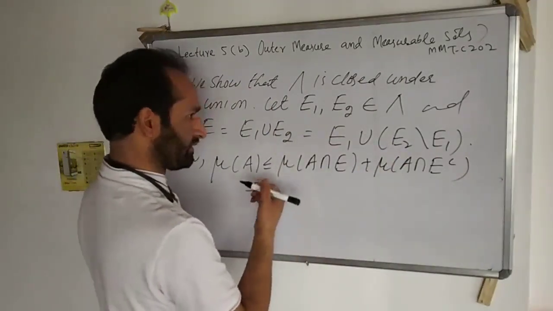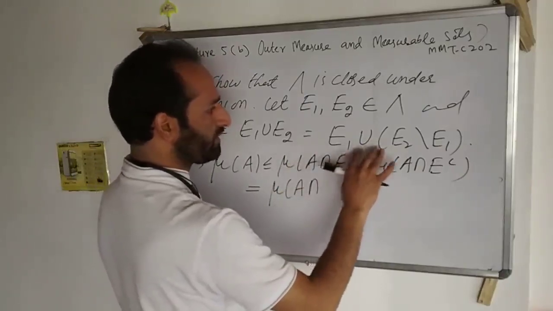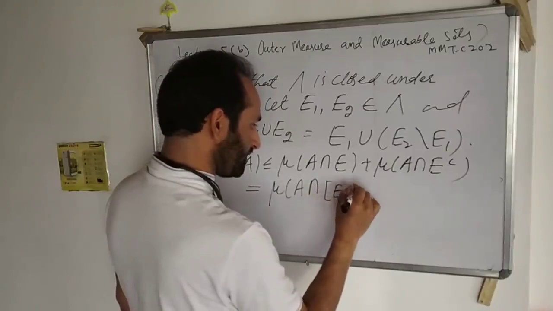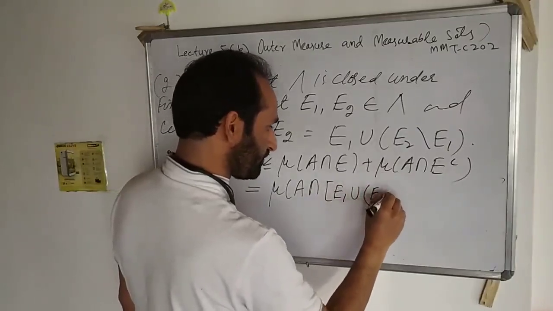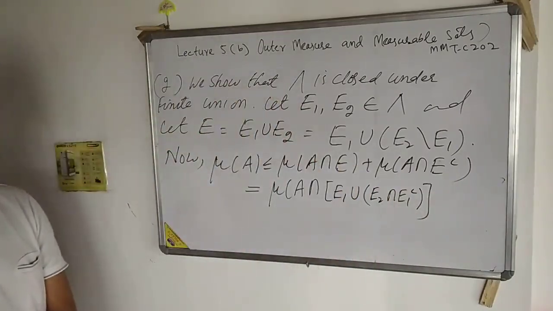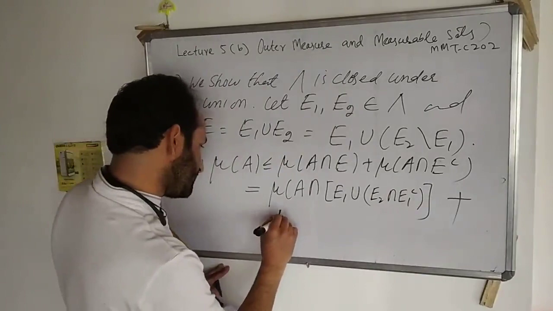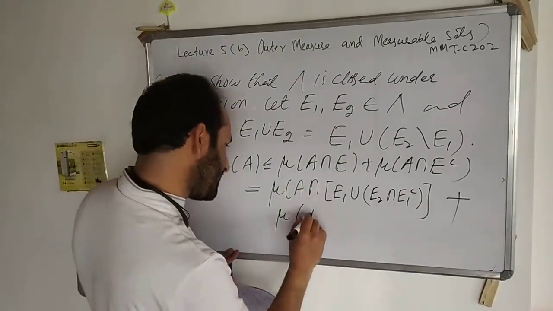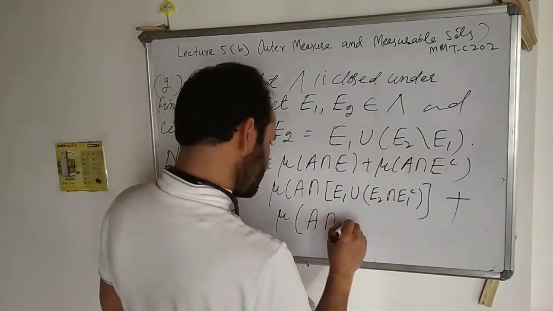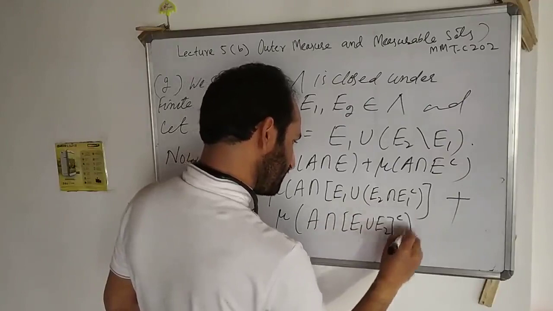So mu of A intersection E is equal to mu of A intersection (E1 union (E2 minus E1)), where E2 minus E1 can be written as E2 intersection E1 complement, plus mu of A intersection E complement, where E is equal to (E1 union E2) complement.